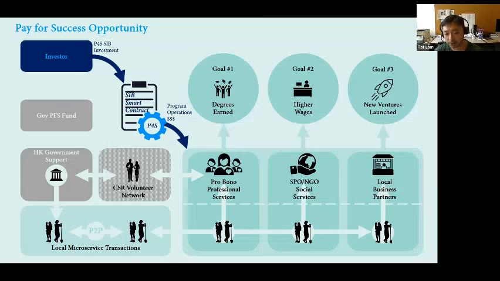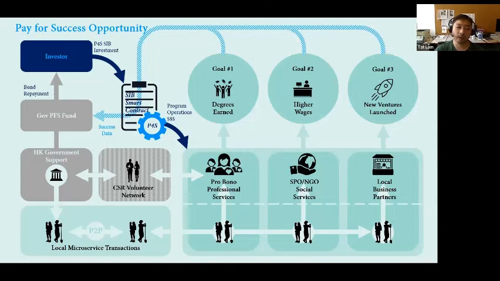With blockchain credits or blockchain accounts, that becomes a very legitimate record to prove the volunteer work they provide on this decentralized social service platform. And when the data of all these milestones is achieved and goes back to the government Pay for Success Fund, the risk takers or investors can get their bond repayments.